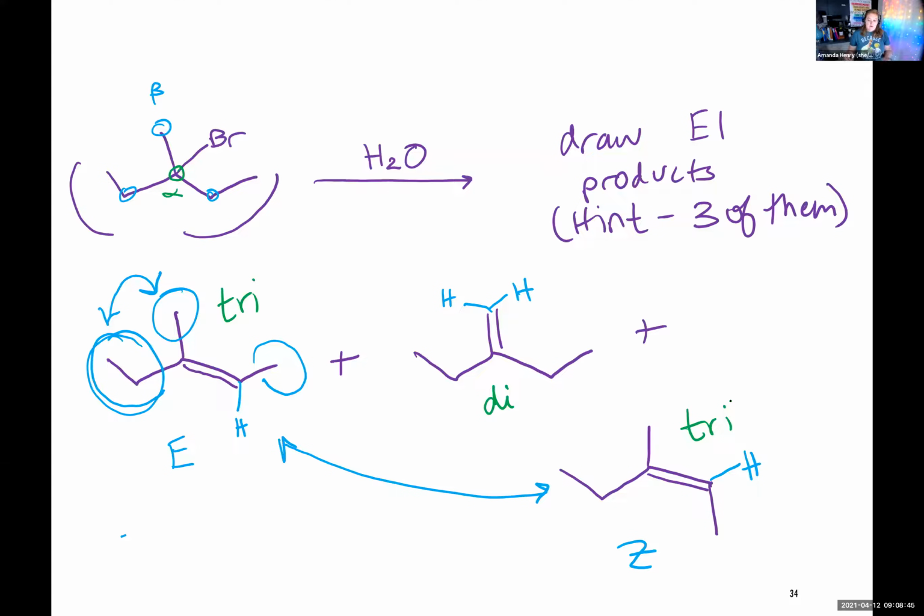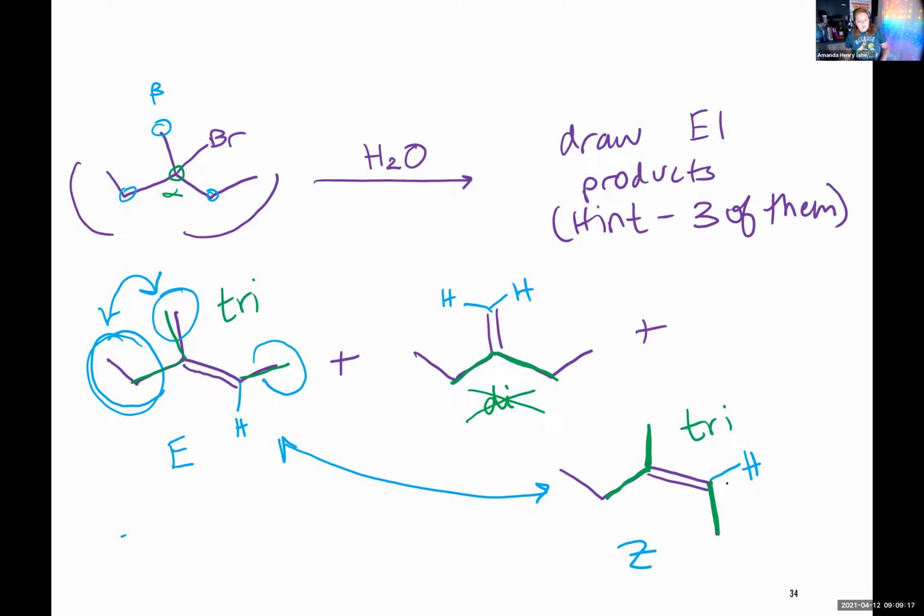So we know that the one that is di-substituted is definitely not going to be the major product because it has fewer substituents than the other ones. When I'm talking about substituents, we're looking at how many carbon groups are attached to the double bond. 1, 2, 3. 1, 2. 1, 2, 3. So we have 2 that are tri-substituted.